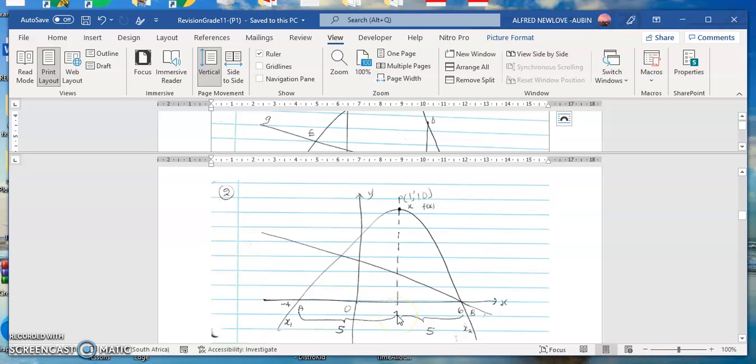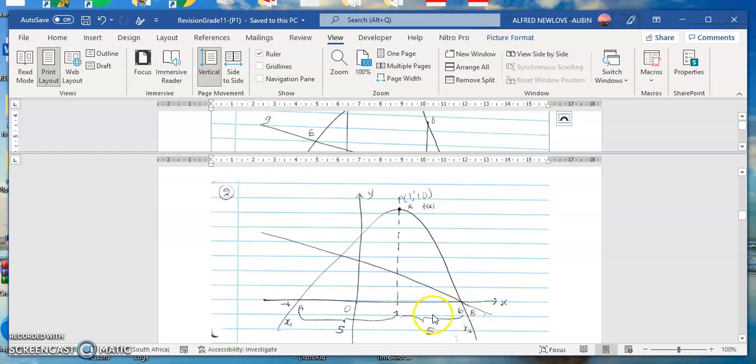We've already found B to be 6, so we know this side to be 6. If the distance from 0 to this side is 1, and from 0 to this side is 6, what do you think will be this side? It's going to be 5, because the whole of this side is 6 and this part is 1, so 6 minus 1 gives 5.